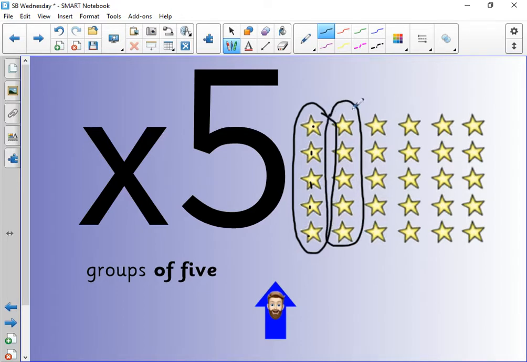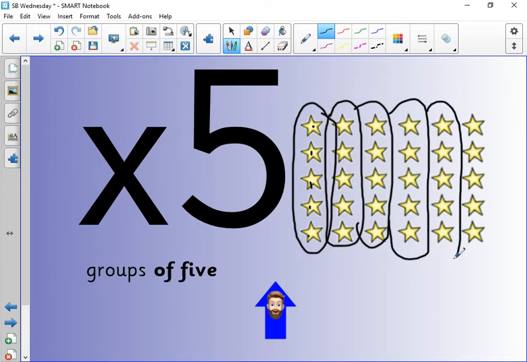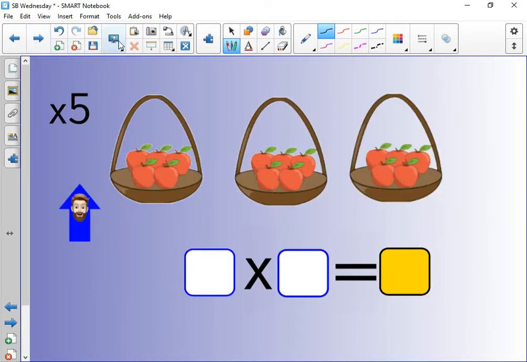Each column is a group of 5. Well done. So you can spot groups of 5. Let's practice a bit more. We're getting really good at this now, aren't we?